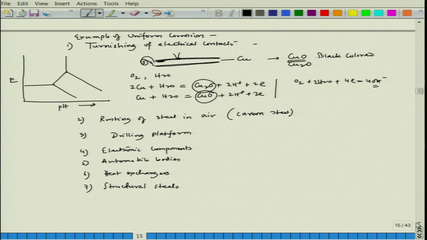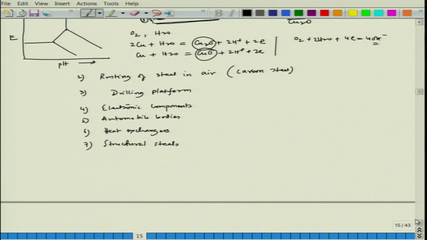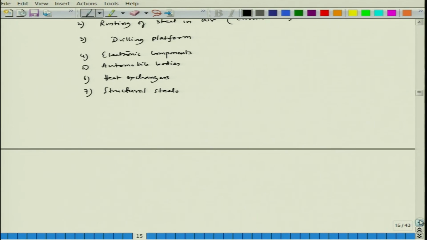Now, when we talk about uniform corrosion, since it is happening over the entire segment, let us say this is my body and this is the thickness, let us say T, and the corrosion happens uniformly. That means after some time, if we know the average corrosion rate, we will be able to calculate how far it has moved inside the body.